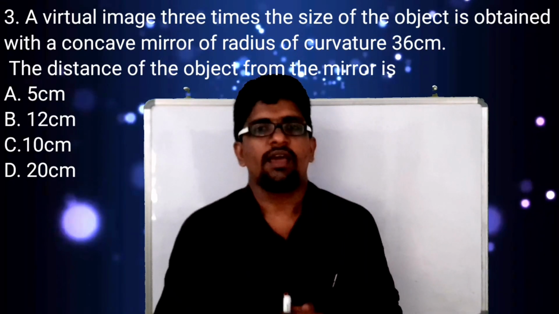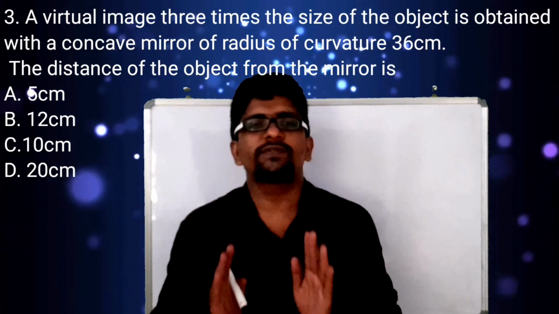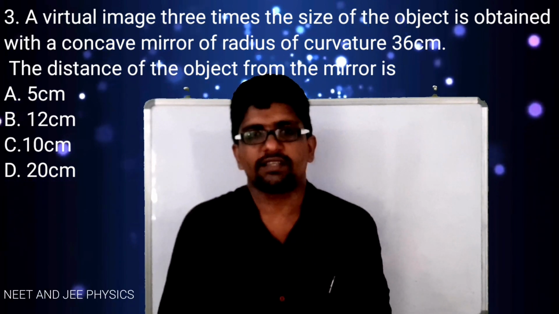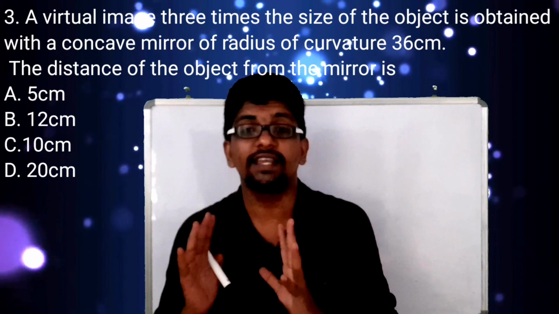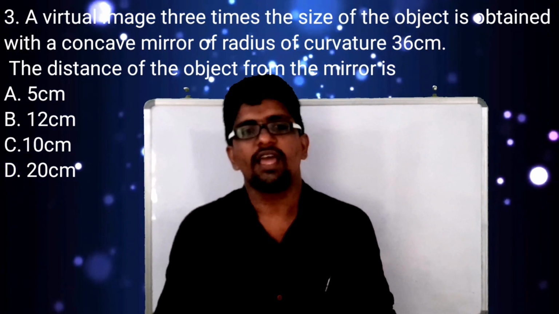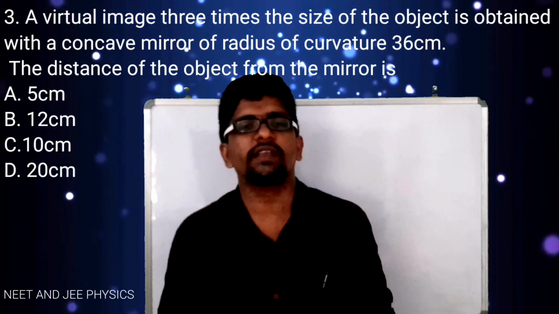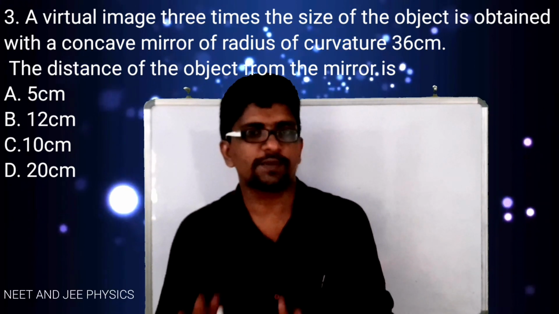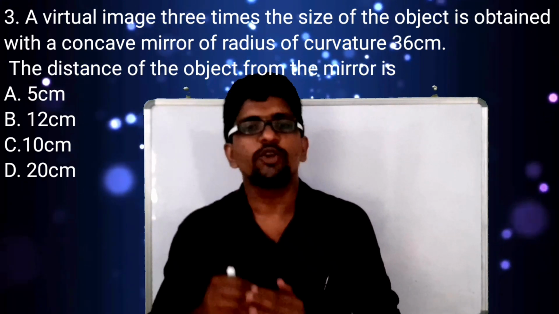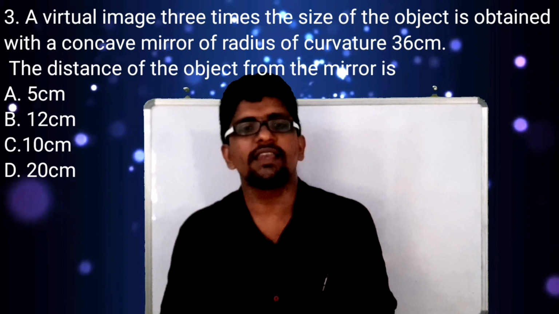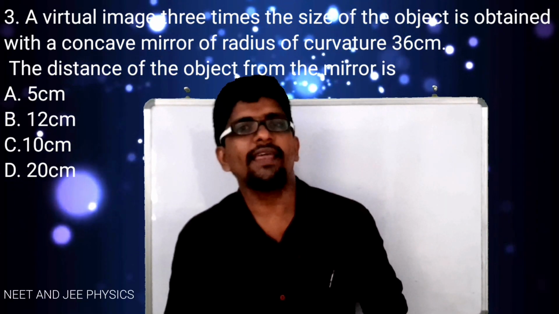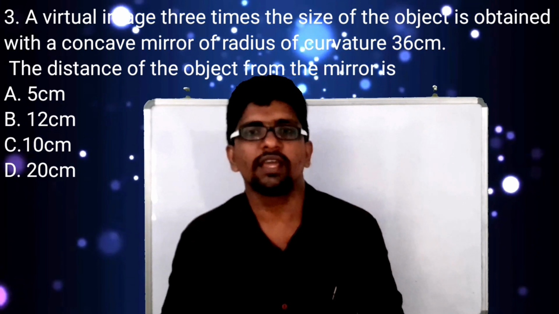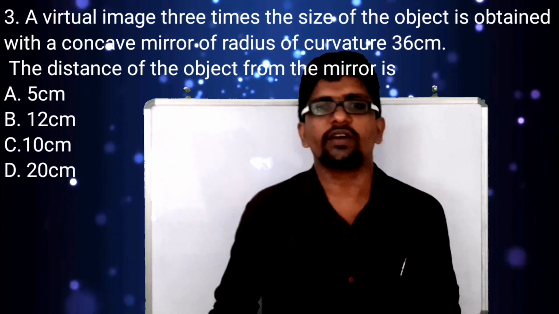So 30 meter per second is the answer. Our third question is, a virtual image of 3 times the size of the object is obtained with a concave mirror of radius of curvature 36 centimeter. The distance of the object from the mirror is, 4 options you have: 5 centimeter, 12 centimeter, 10 centimeter and 20 centimeter. Here radius of curvature is given, so you have to take half of that, that's the focal length.